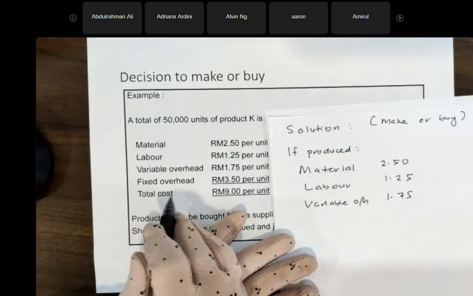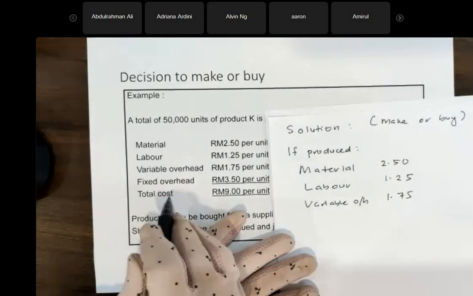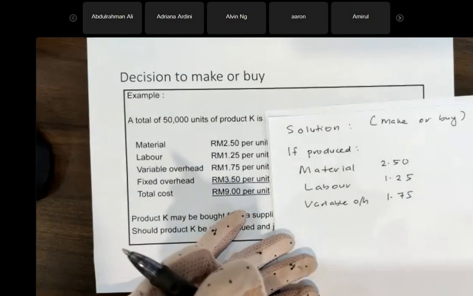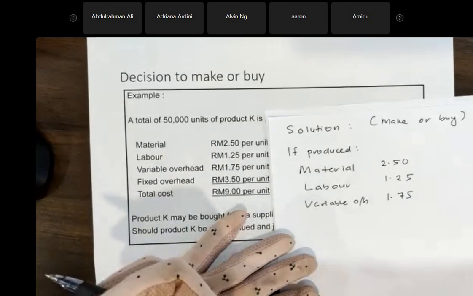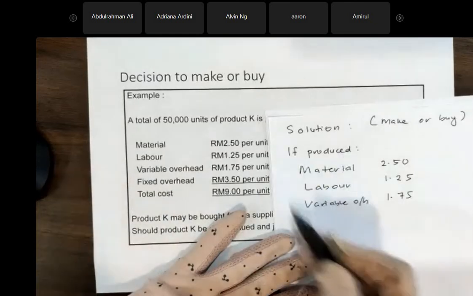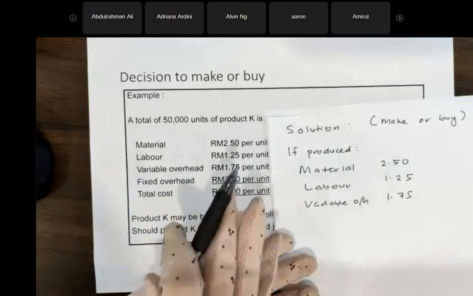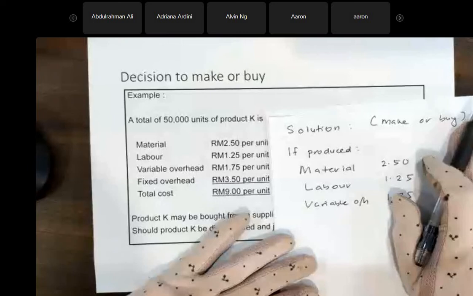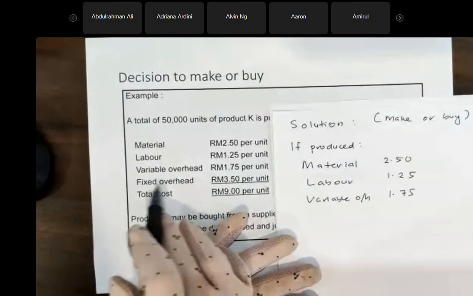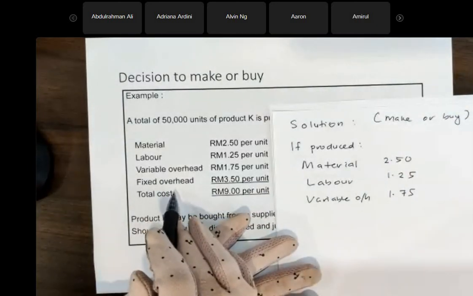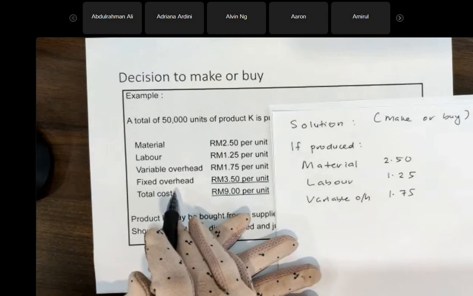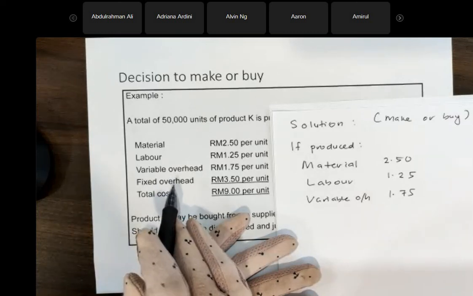Okay, what about fixed overhead? Do you want to consider or not? Ini macam short term decision tau. Dia terus tengok marginal costing punya style. But not the marginal costing for this thing, fixed overhead ni, how do you want to do? Do you want to consider or not? In this case, no need to consider.